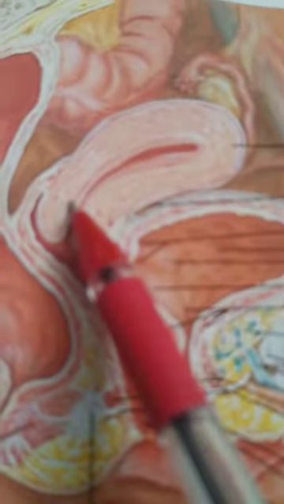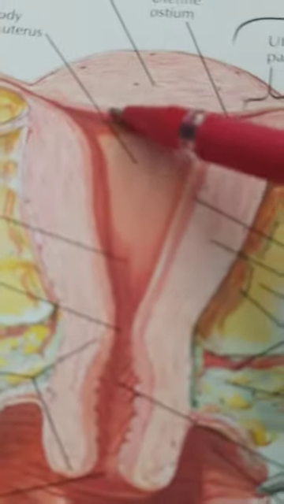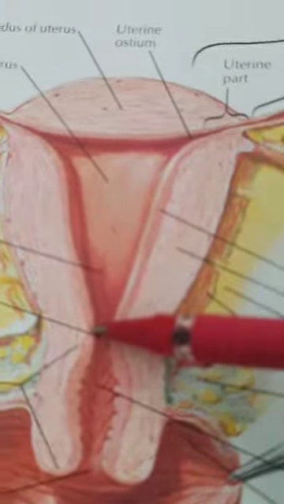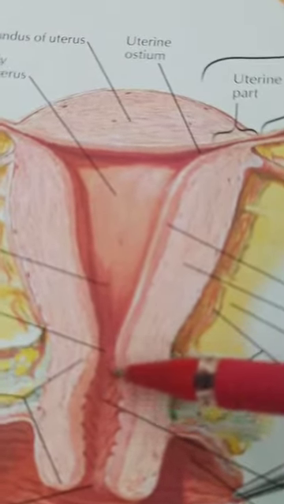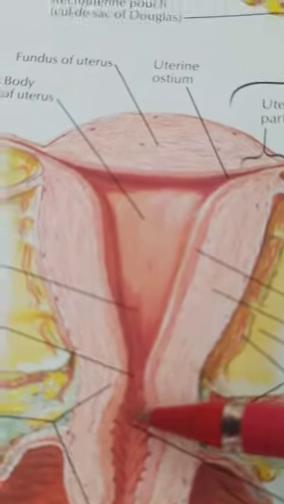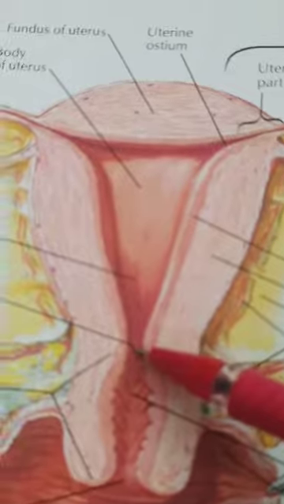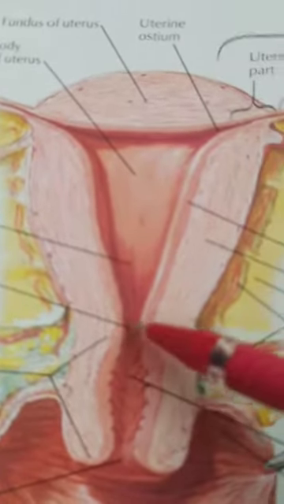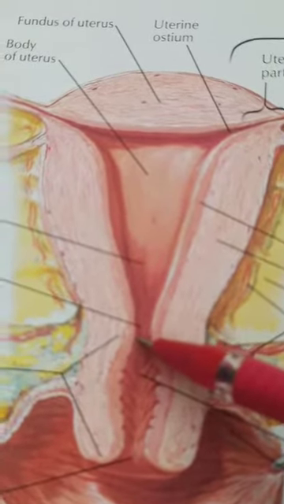The uterine cavity is triangular, and its apex is directed downwards towards the opening of the cervix. The junction between the uterine cavity and the cavity of the cervix is known as the internal os.